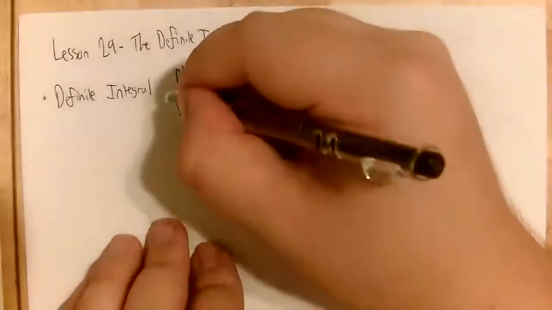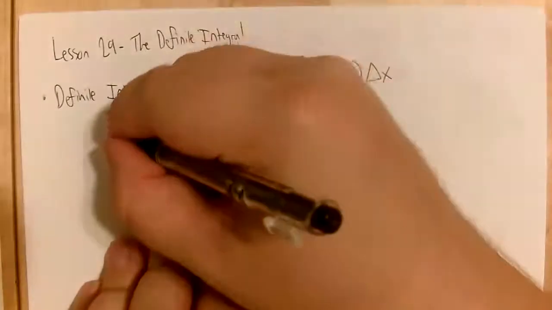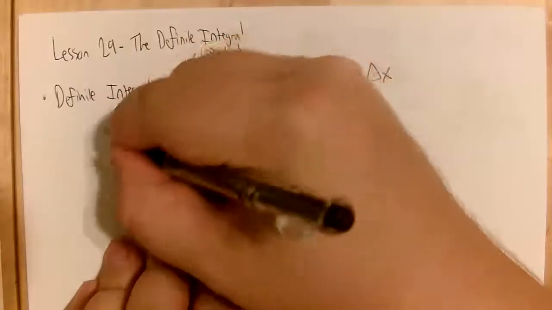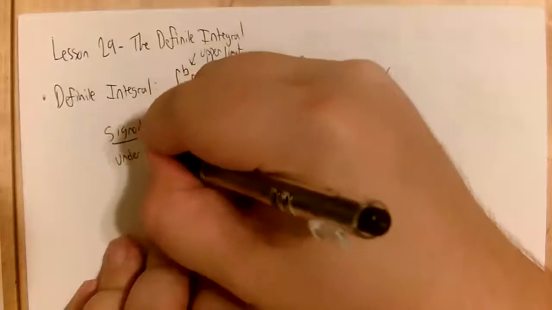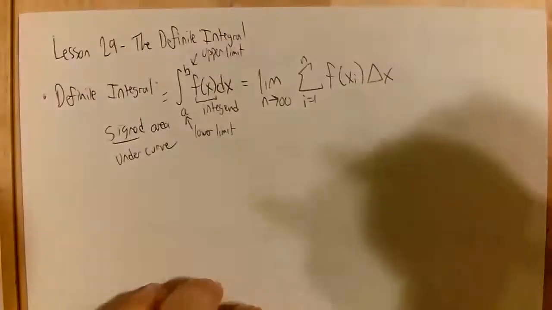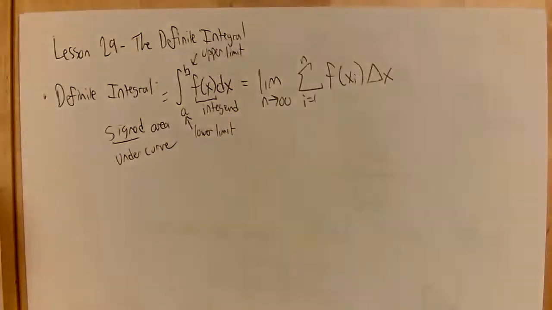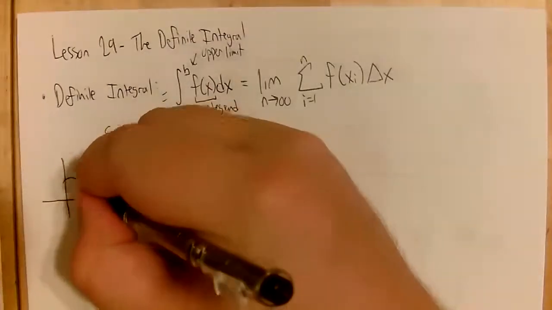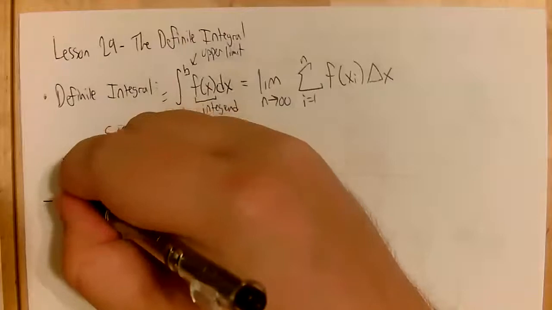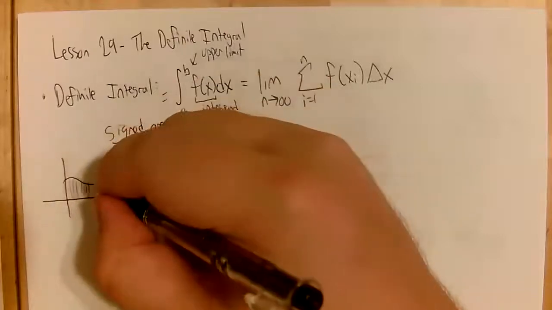And remember, another way of imagining this is as the signed area under the curve. What I mean by signed area is if it's above the x-axis, maybe like this, then that area will count as positive.